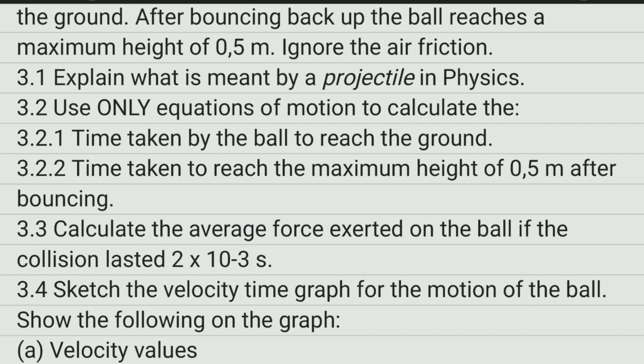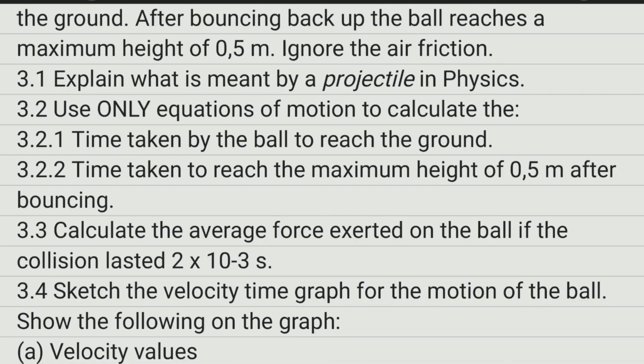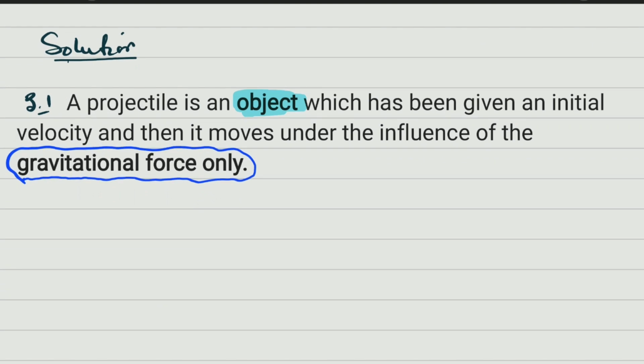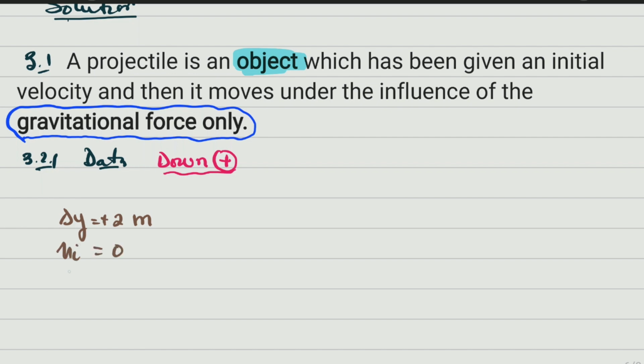The next question said use only equation of motion to calculate the time taken by the ball to reach the ground. Okay, so we're going back. A ball of mass 100 grams is dropped from a height of 2 meters from the ground, after bouncing back, and then it bounced. But that is the second part. So let's go to this part of the question and let's, as usual, write the data. So now we have to look for a formula which has a time.